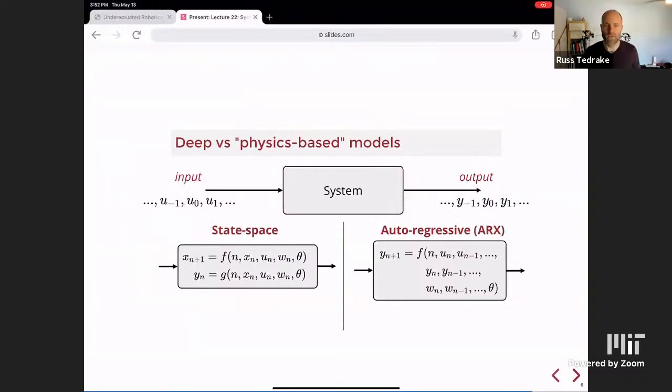One thing I don't like is when people say deep versus physics-based or data-driven, because I think both neural network models and multi-body models can be fit to data. So if we say deep models versus physics-based models, it's important to keep in mind the differences are potentially about the way that they're written down, right?